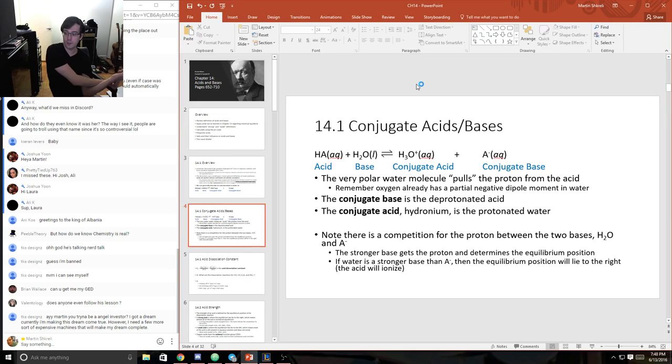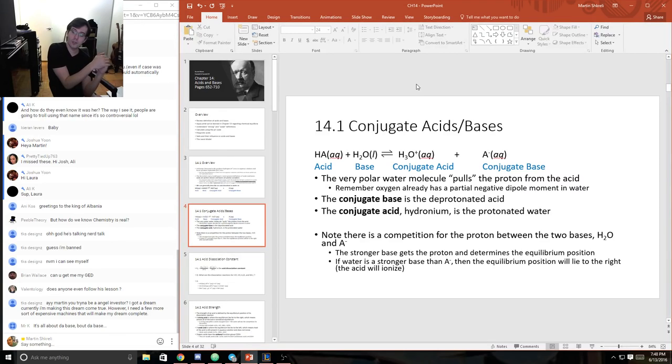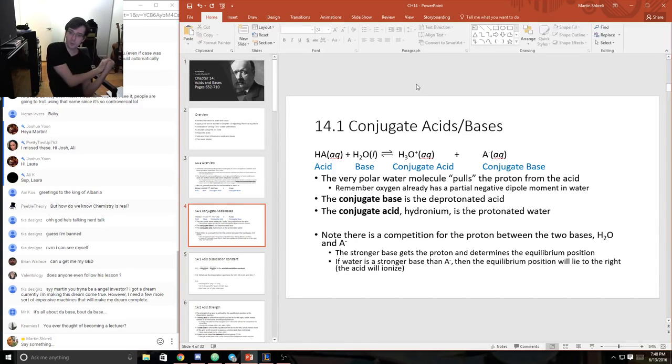And they're both ions, so they're both interested in getting that proton back. So there's a competition between the conjugate base. You have this chlorine, it's sitting there, it wants the proton because it's an ion, right? It wants the proton. But at the same time, the water wants the proton because of its dipole moment. So the interesting thing is this competition for that proton is between these two bases.